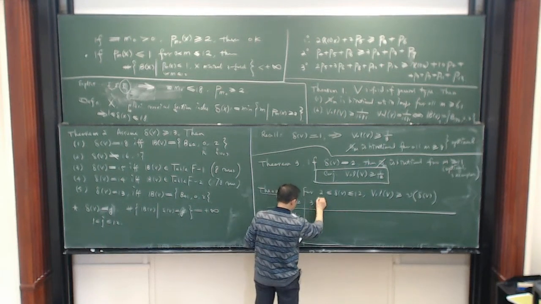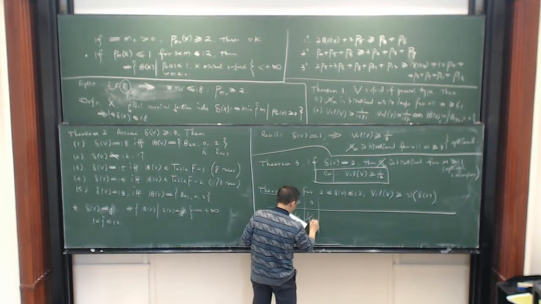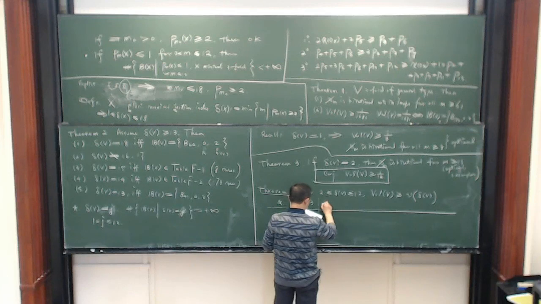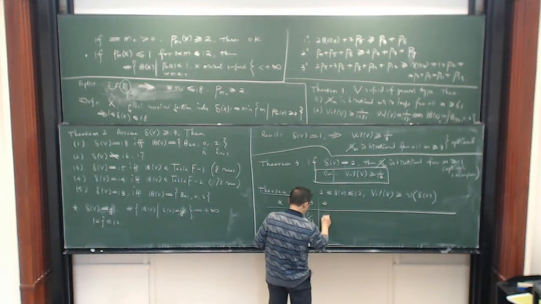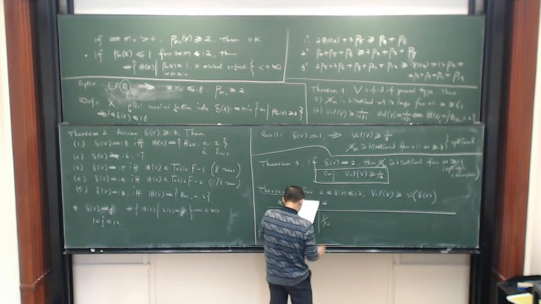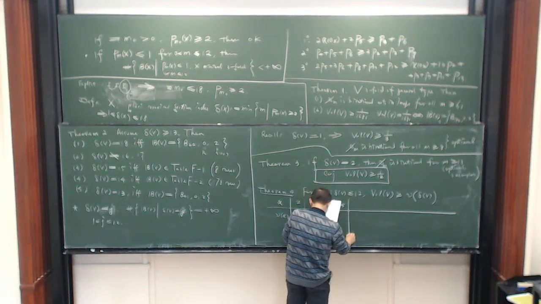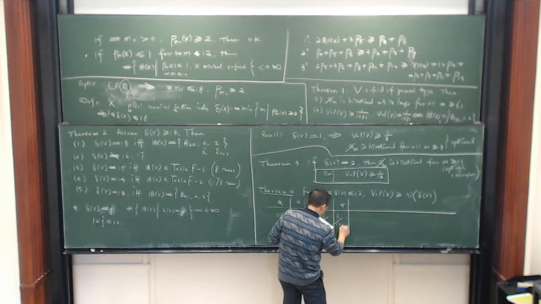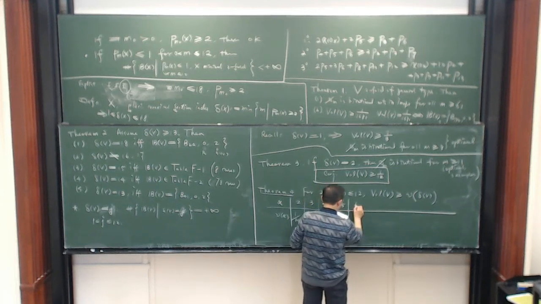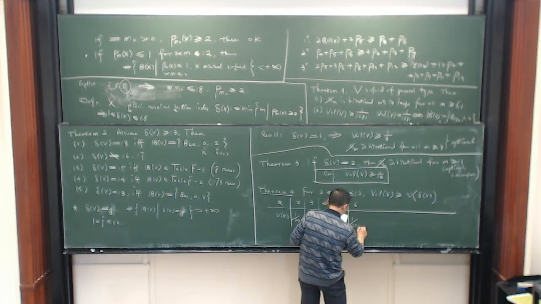If it is 3, it is 1 over 36, and for 4, we have 1 over 90. For 5, 1 over 5, 6, 1 over 2, 2, 4.